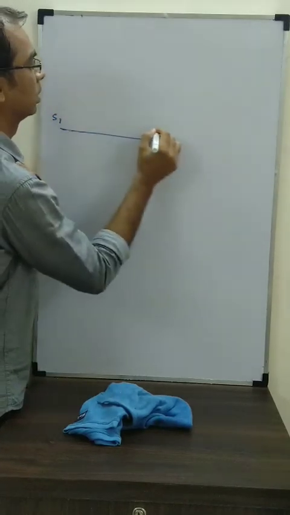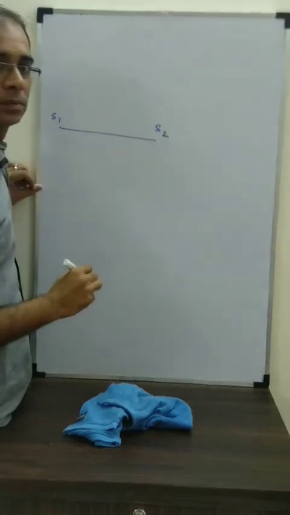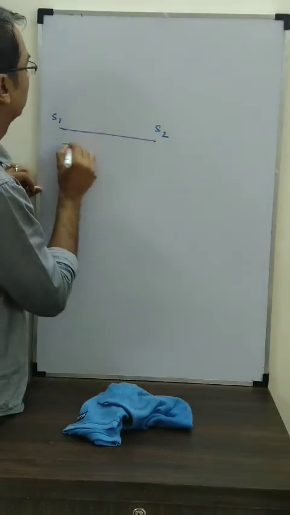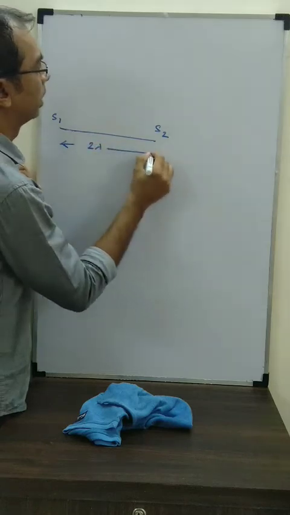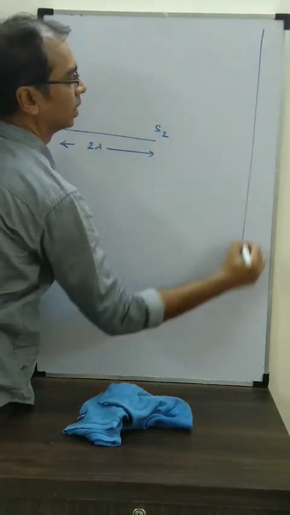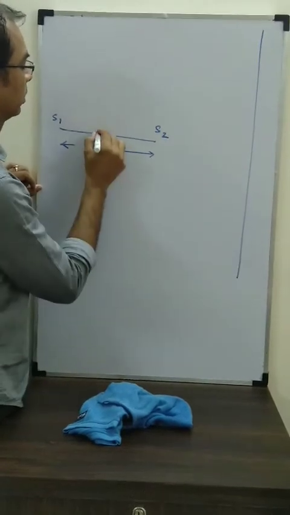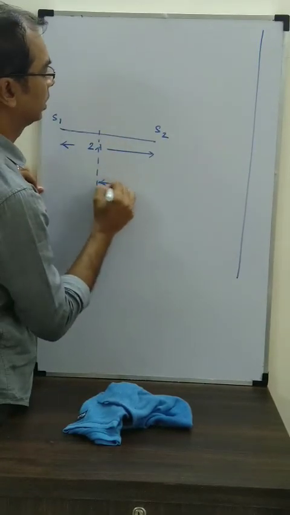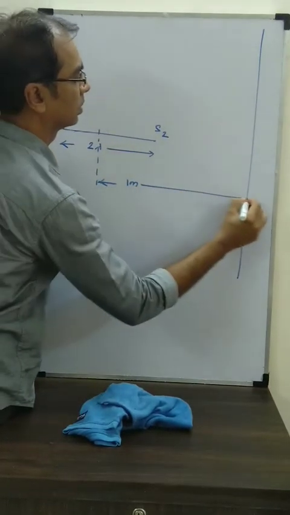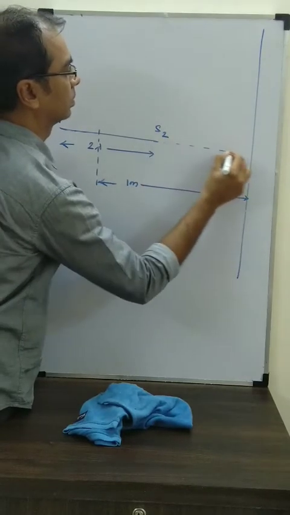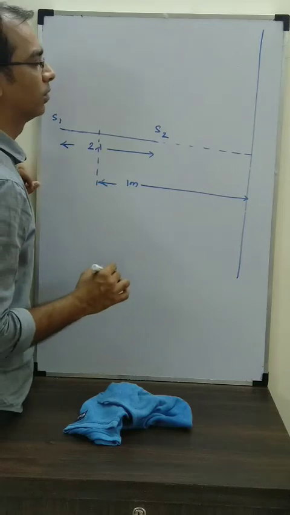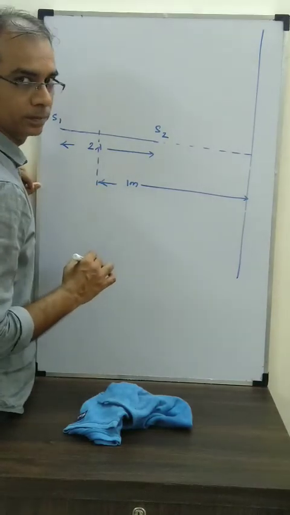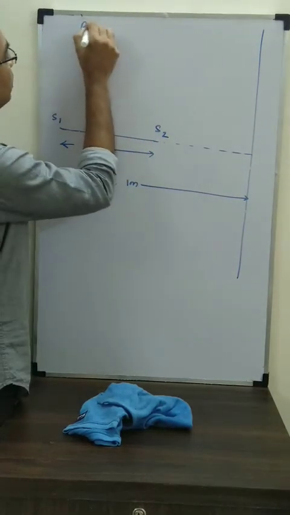This is S1 and this is S2, and the gap between them is equal to 2 lambda. And here is the screen. Assume that this is 1 meter. Now we want to find the position of the first maximum.